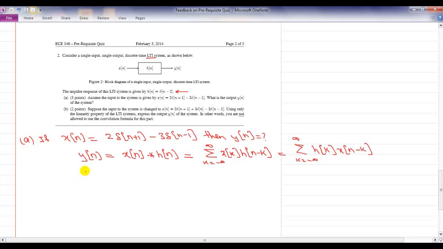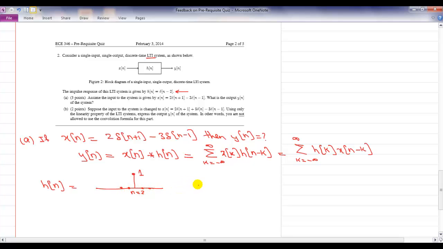Now there could be two approaches to solving this problem. One is for people who are more graphically inclined. You could plot h of n, which has a 1 at n equal to 2 and is 0 everywhere else.